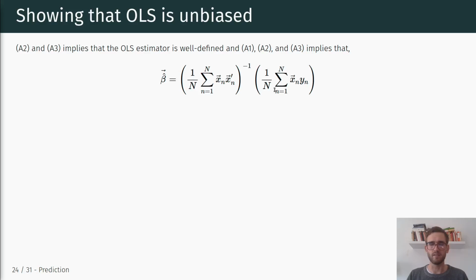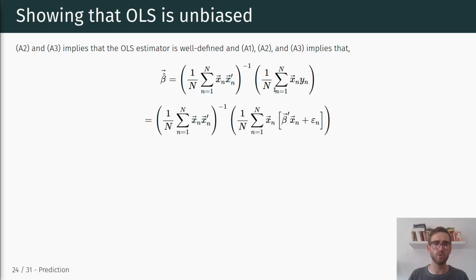Now what we want to show is the expectation of this specification of beta hat, right? I should have just included the expectation here as well, but we'll work with this specification, simplify it a little bit, and then show what happens when we take this expectation, right?